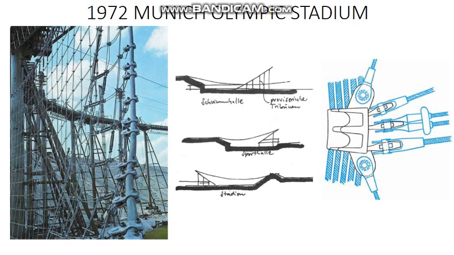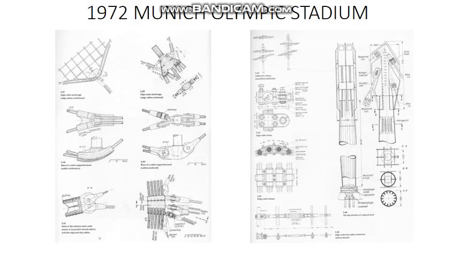And these are some photographs and diagrams and sketches of the Munich Stadium. The complexity of the project can be seen. There are lots of tension members with steel ropes, and the connectors and the pins of the stadium.